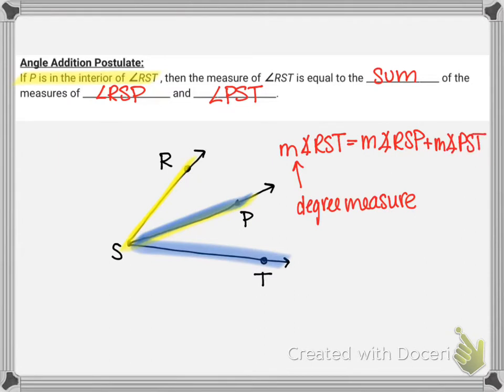Whenever we're making a math sentence like this, we say the measure of the angle. I don't think there's anything else we have to say about this picture, just making sure we hit all of our points. And I think we're all good.